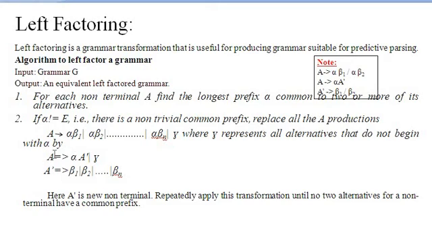So A gives alpha A dash or gamma, which has no common prefix like alpha, and A dash produces beta 1 or beta 2 up to beta n. In general, if A gives alpha beta 1 or alpha beta 2, then A gives alpha A dash and A dash gives beta 1 or beta 2.